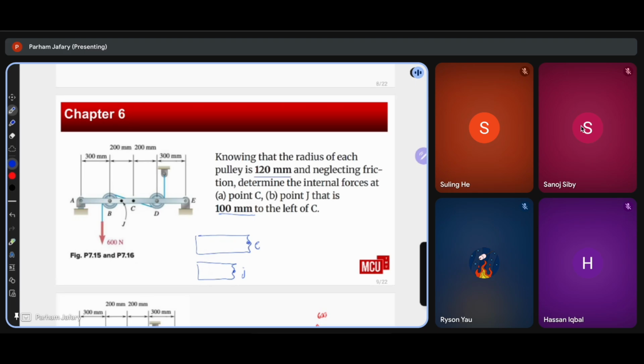Okay, similar to the first question, where we had a cable and the tension inside the cable was the same, here the cable is being pulled with a 600 Newton force, and that force continues to exist all over the place. So here we have 600 Newtons, and here the tension also is 600 Newtons.